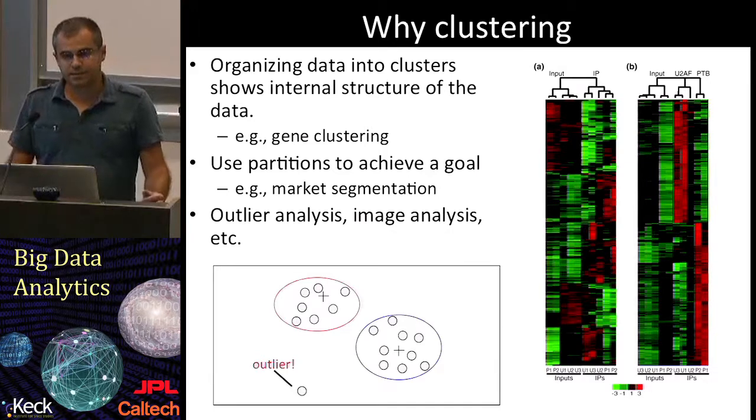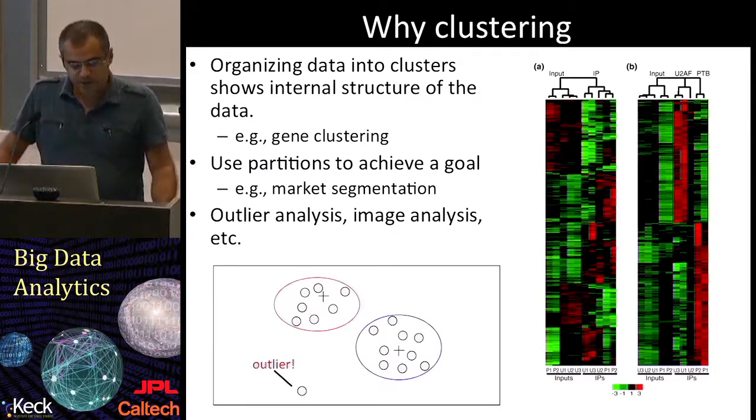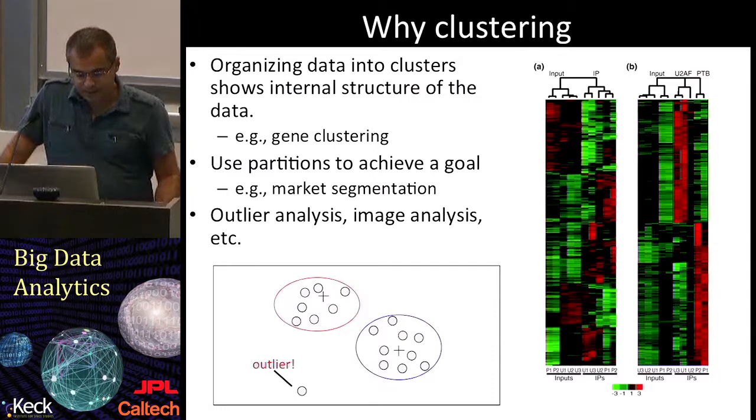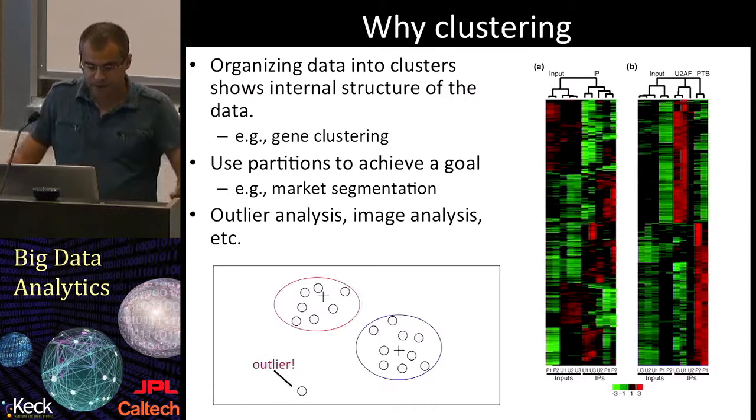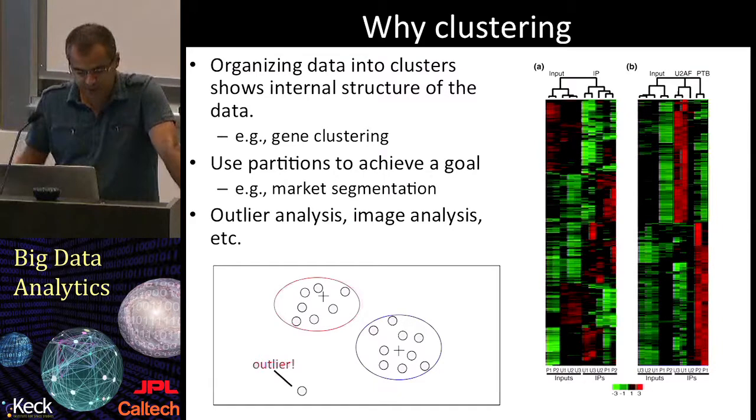Now, let's first discuss why we need clustering. For example, organizing data into clusters may show the internal data structure, and that's one of the goals in gene clustering. Or we can use partition to achieve a goal, like in marketing segmentation, where the goal is to discover distinct groups in the customer base and then use this knowledge to develop a targeted advertisement, for example.